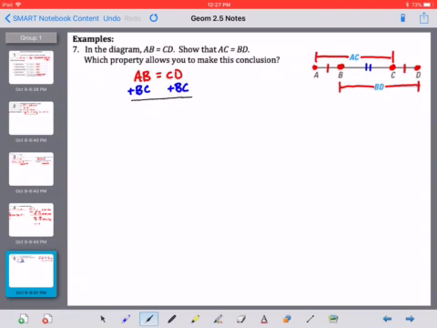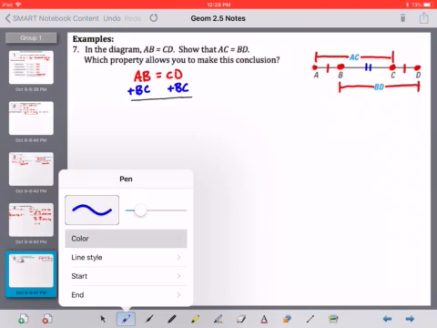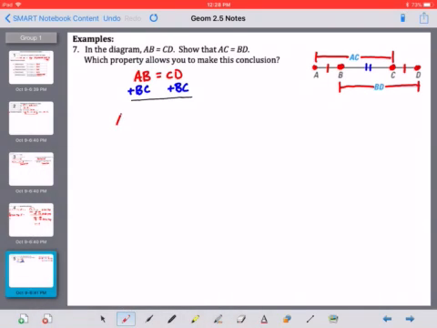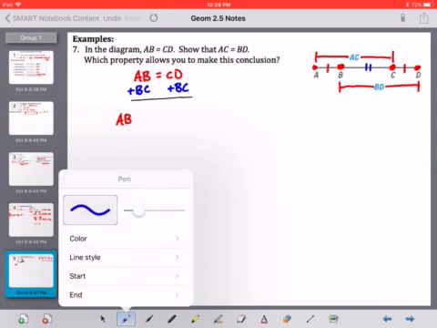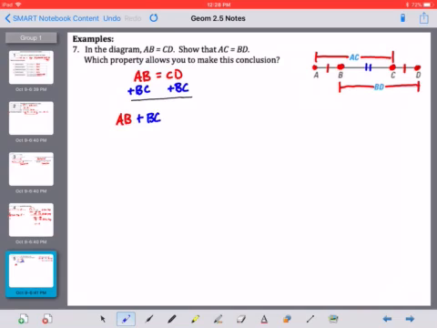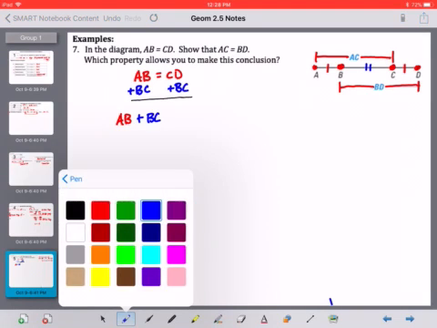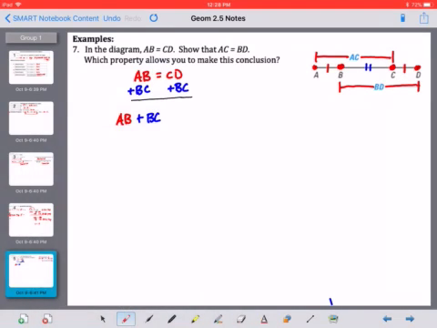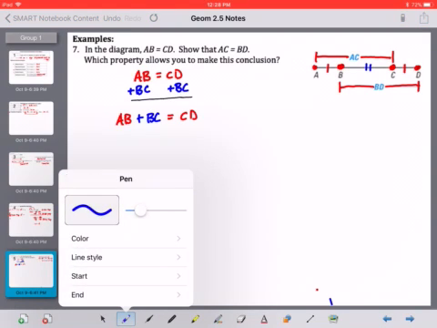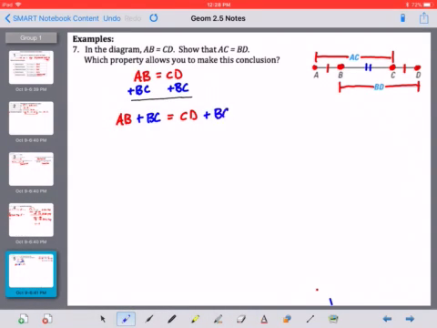And when we do that, we end up with AB + BC = CD + BC. So we added BC to both sides.